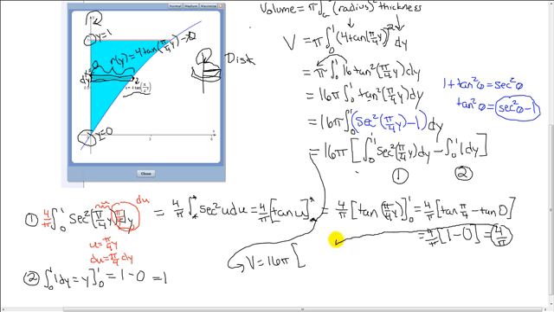So if I go back up here, this is going to look a bit sloppy, but I'm going to draw an arrow down here. Then for the volume, I now have 16 pi times integral number 1 gave me this value, 4 over pi, minus integral 2 gave me the value 1.